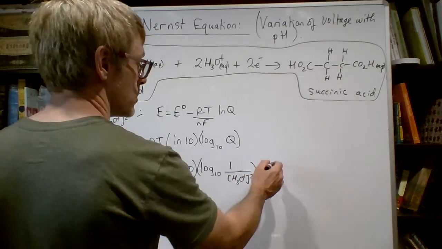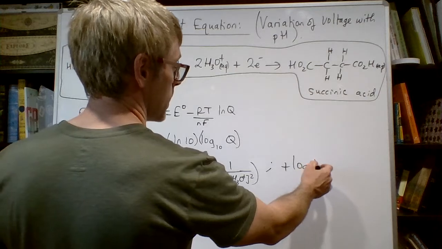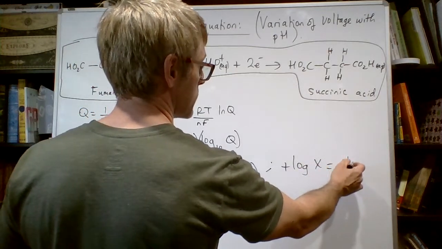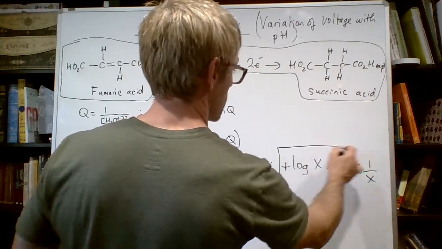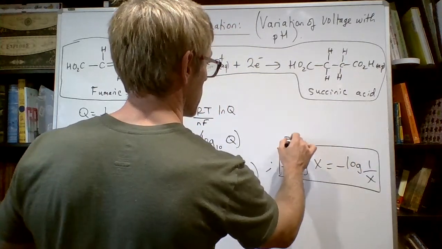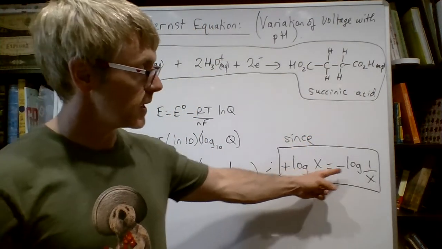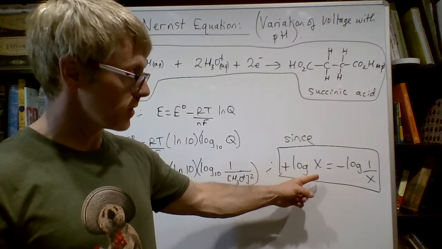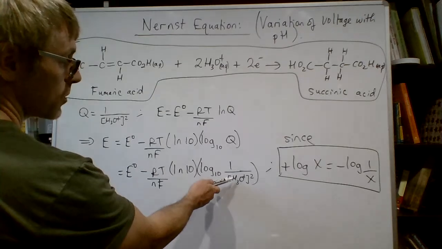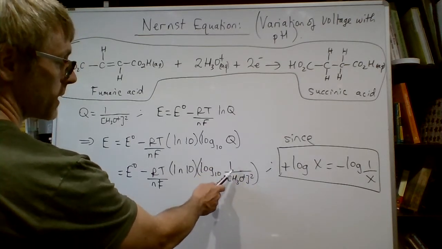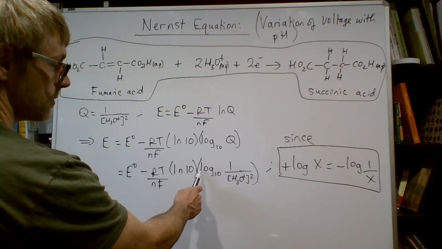From my log rules, I know that positive log of any base of x is equal to negative log of the same base of 1 over x. So whenever I take the inverse argument logarithm, I change the sign. I'm going to flip this fraction to make it hydronium, and then I'll incur a negative sign because originally it's a positive log.